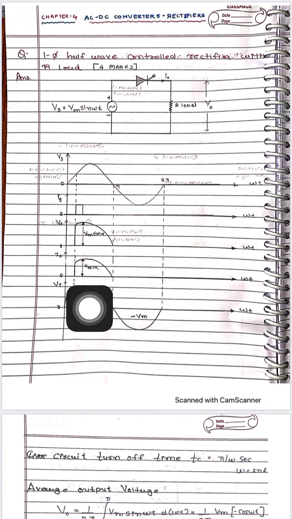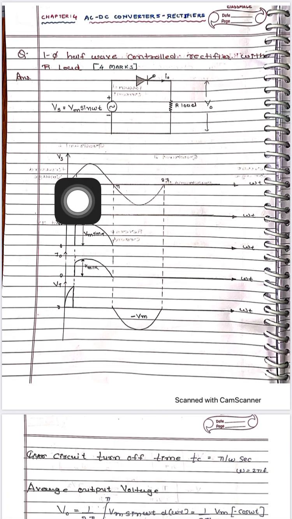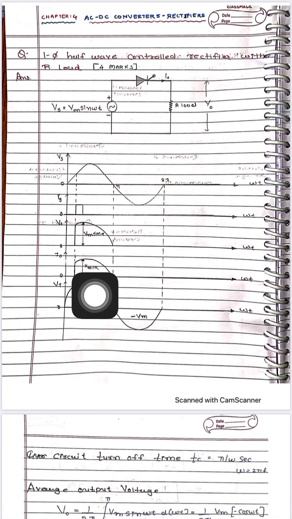You can see over here it is a maximum value, and it is equal to this value, right. You can see this starting portion of the waveform, that is equal to this.